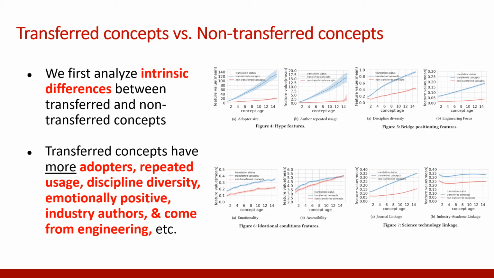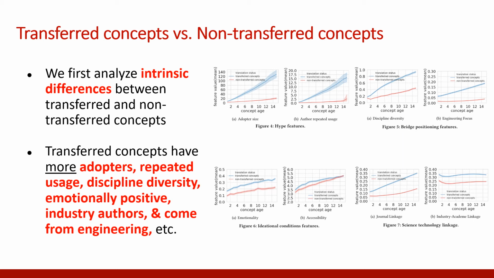We proceed to analyze the characteristic differences between transfer concepts and non-transfer concepts. We first analyze the concept's intrinsic characteristics. As motivated by prior literature, a concept's intrinsic characteristics can be grouped into four categories: height feature category, bridge positioning feature category, ideation and condition feature category, and science-technology linkage feature category.